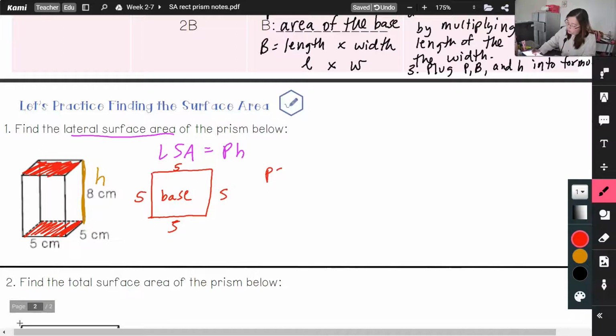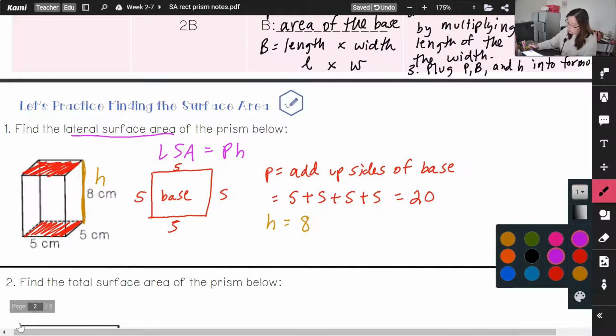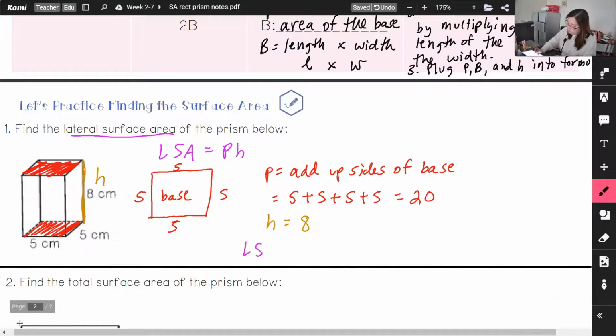To find perimeter, we're adding up all the sides. There should be 4 because it's a rectangle. So that is 5 plus 5 plus 5 plus 5, which is 20. H, we already said, is 8. We see that from the picture. So LSA is the perimeter times height.